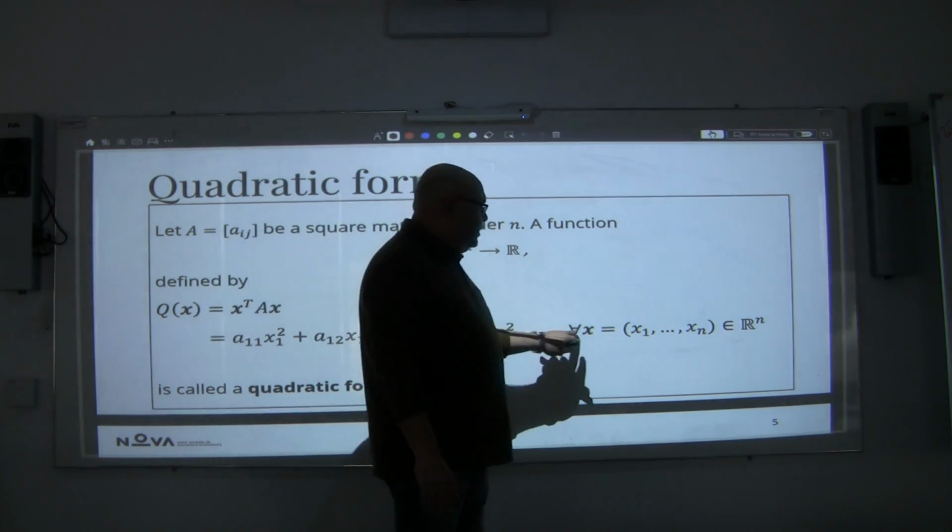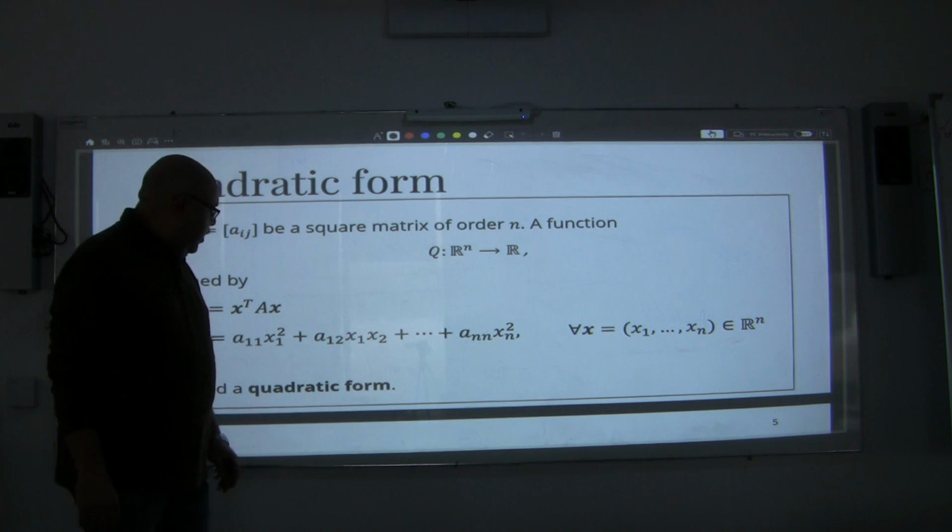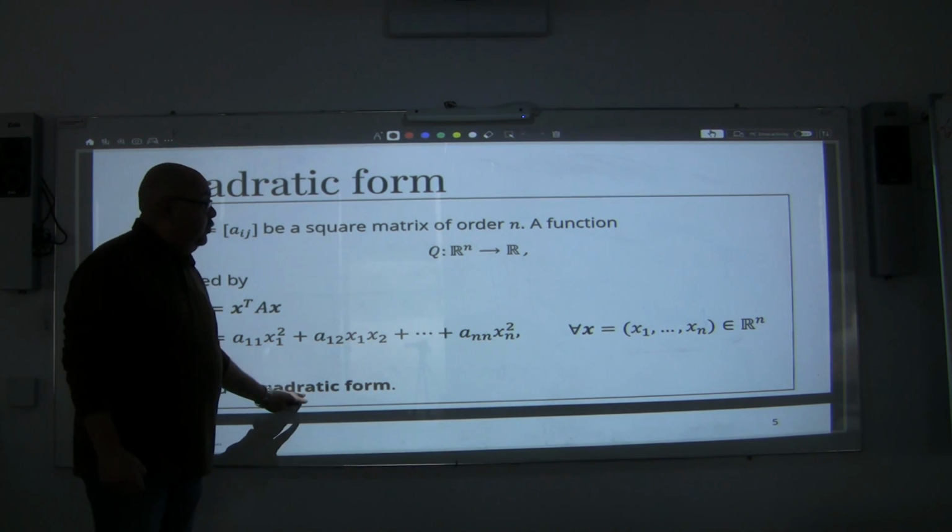This is for every x in Rn, and it's called a quadratic form.